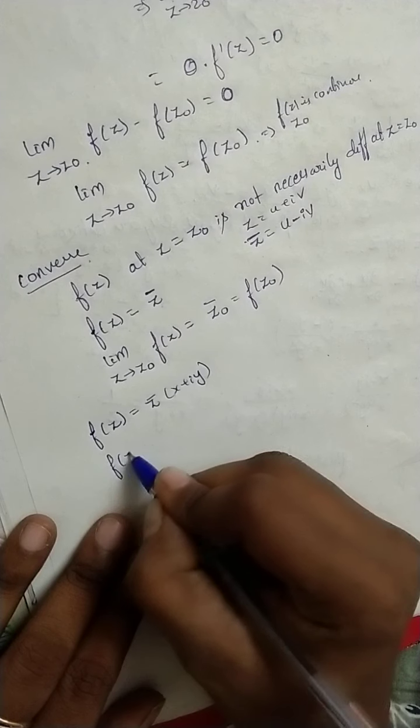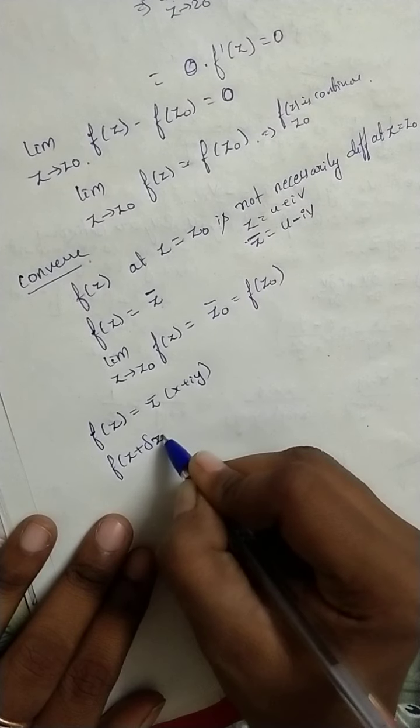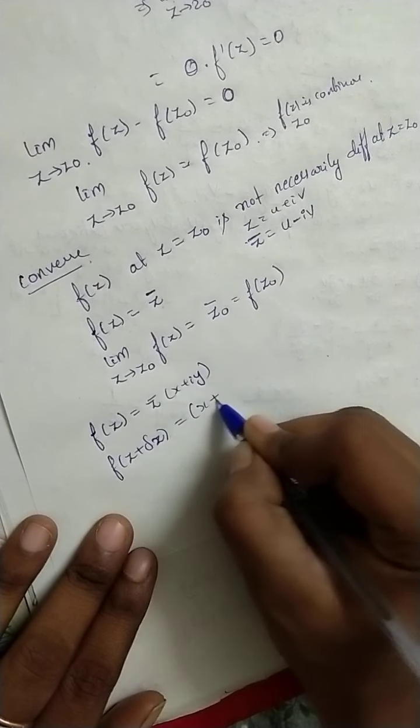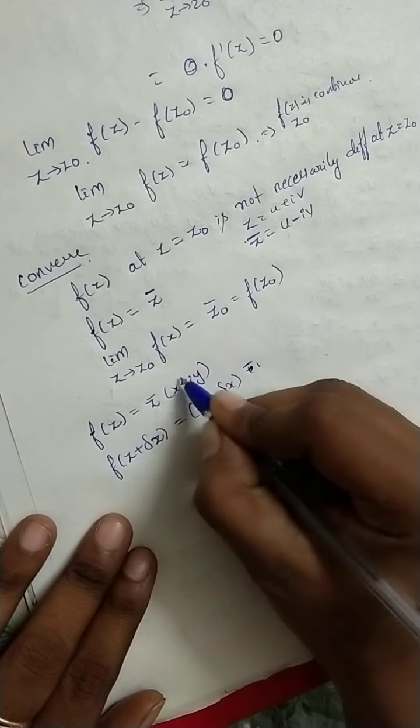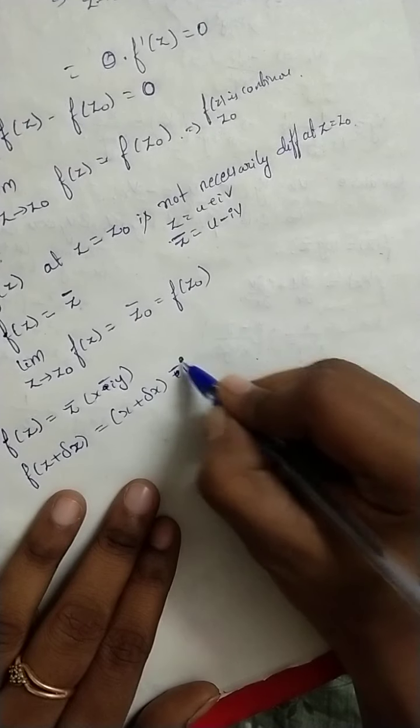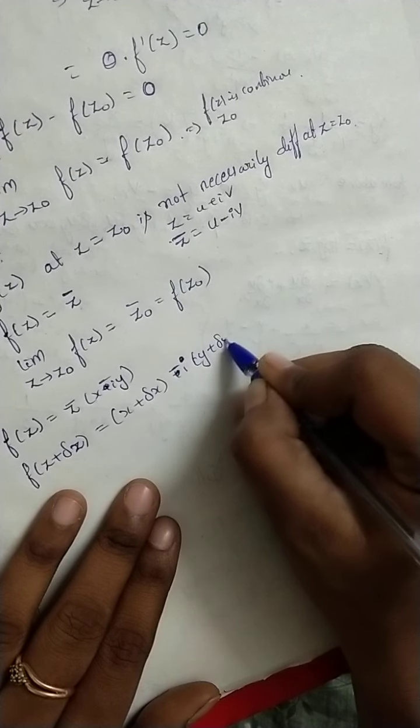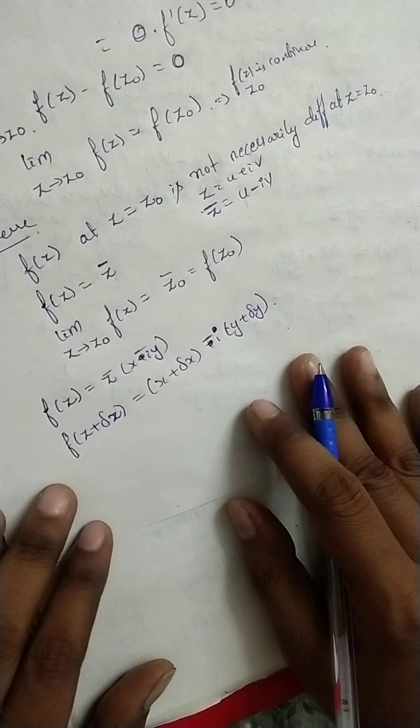So f of z plus dou z is equal to x plus dou x minus i into y plus dou y. This is our consideration.